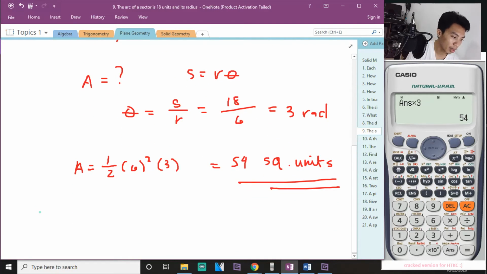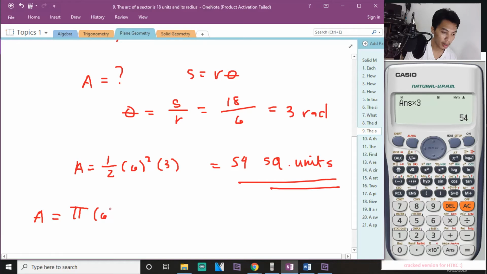Paano naman, sir, kung gagamitin ko yung isang formula? I-convert mo muna to sa theta, at 360 degrees. 3 radians yan. Okay? So, this will be pi r squared, 6 squared. Tapos theta is 3 radians. 3 times 180 over pi, over 360.